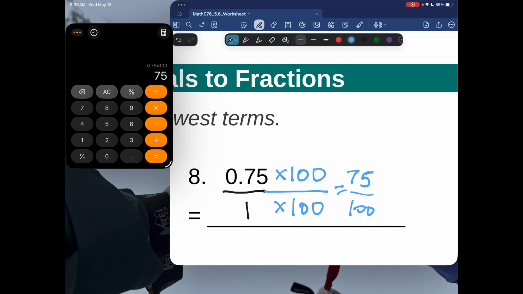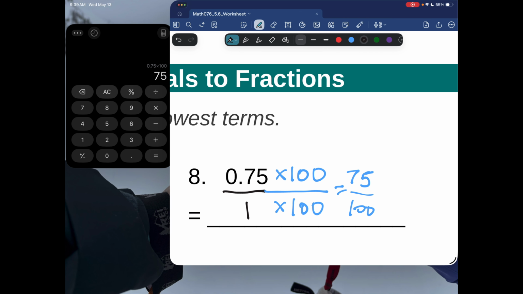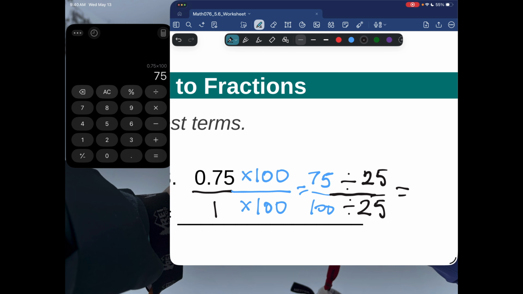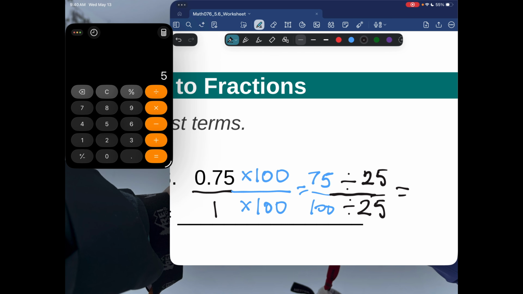Now I know I'm not in the lowest form. I can tell if 5 goes into both, but I also kind of feel like a 25 would go into both. When I think about quarters, one's 3/4 and one's 4/4. If you did 5, that would be fine. You would have to just do it more than once. I'm going to divide both by 25 and see what I get. 75 divided by 25 gives me 3, and 100 divided by 25 gives me 4.